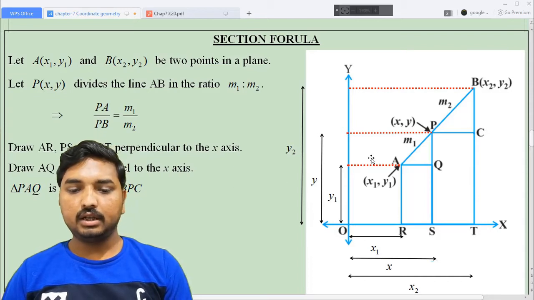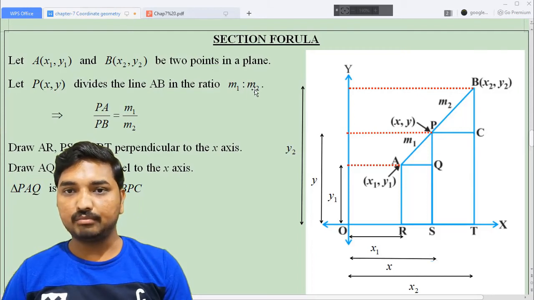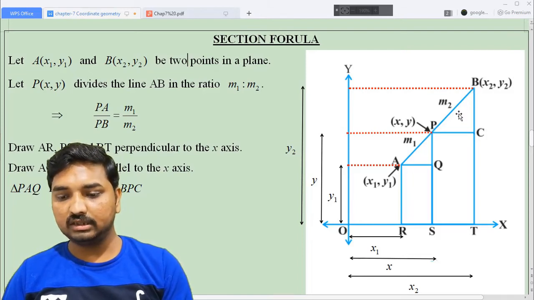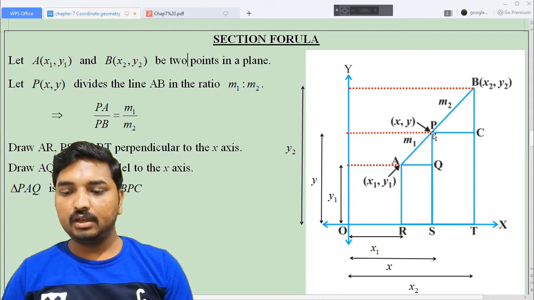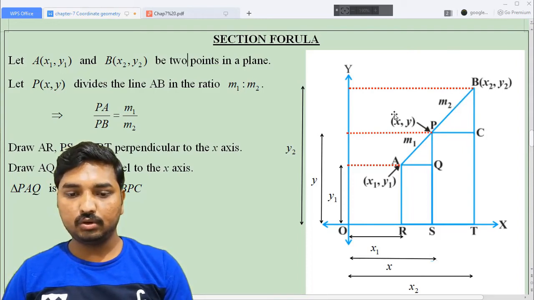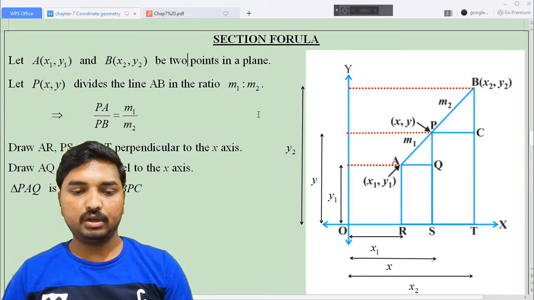We know that the point P divides the line AB in the ratio m1:m2. So the two parts are PA and PB after cutting the straight line at the point P. PA by PB is equal to the m1:m2 ratio, so that's why I have written this one. And then you need to draw the perpendiculars.